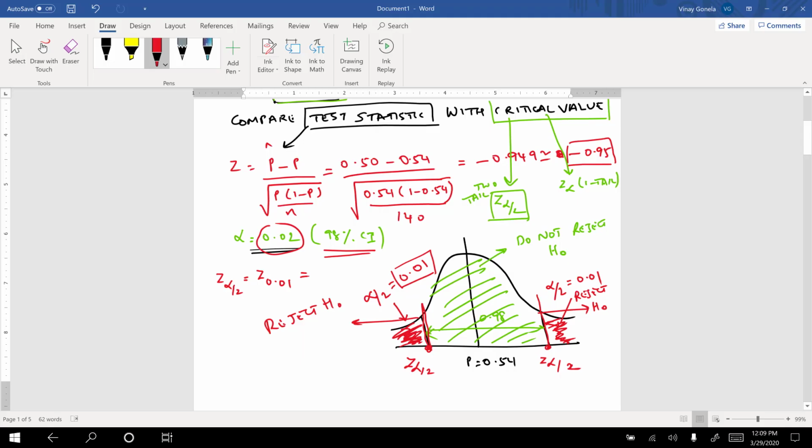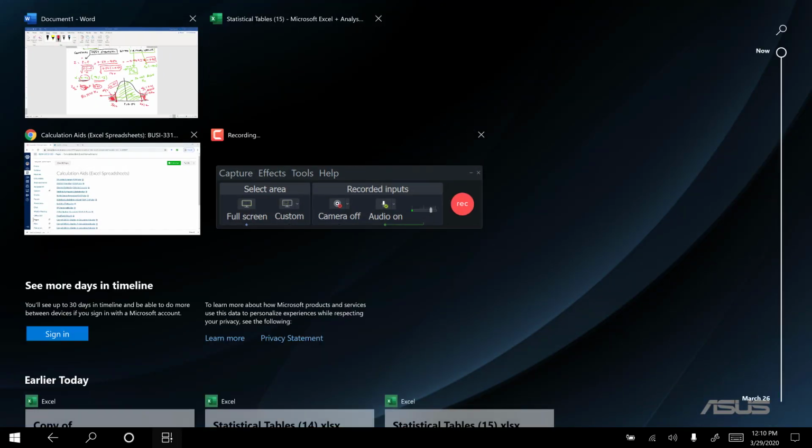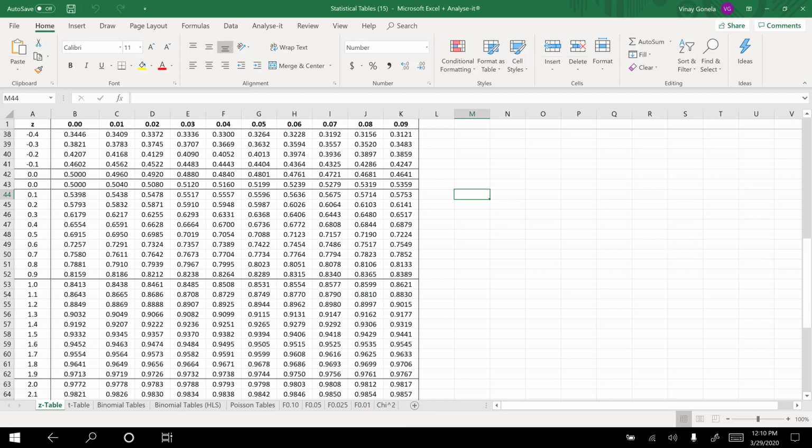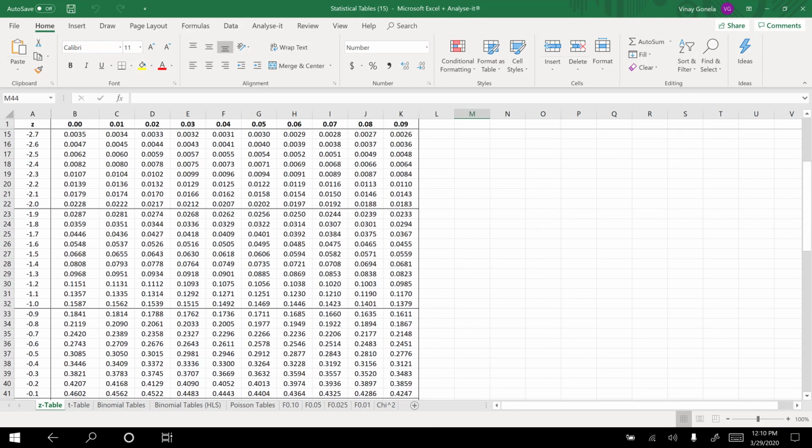This is what I am looking for, 0.01. So I'm looking for a probability of 0.01.